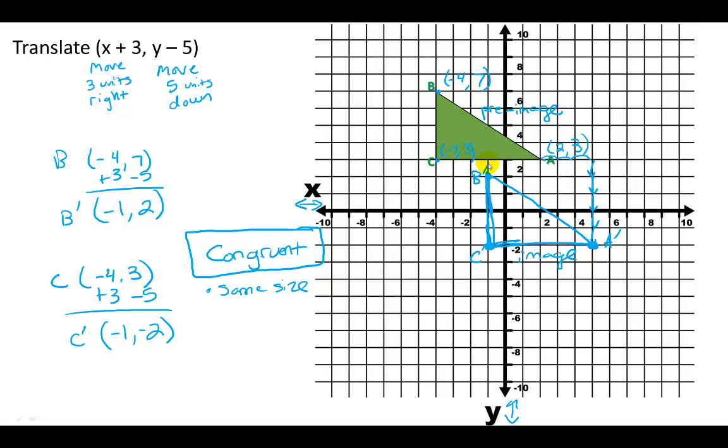We have 1, 2, 3, 4, 5, 6 units between A and C. We have 1, 2, 3, 4, 5, 6 units between A prime and C prime. So we do have the same size, and we also need to have the same shape, which means, well, that is a triangle, that is a triangle. So it does look like our translated image, our translated shape is congruent, which means we have translated correctly.